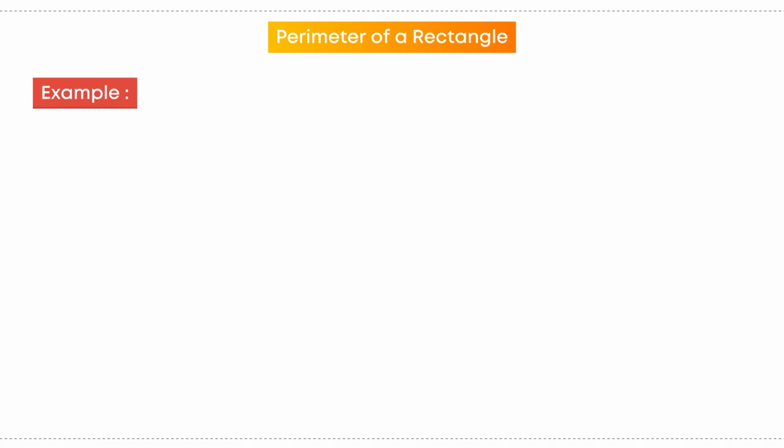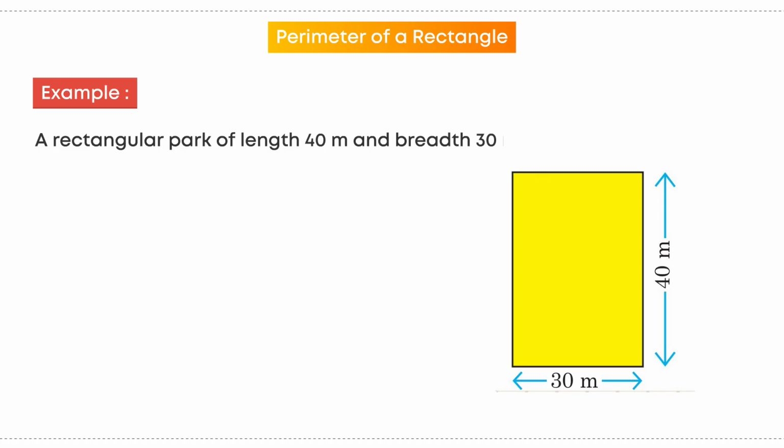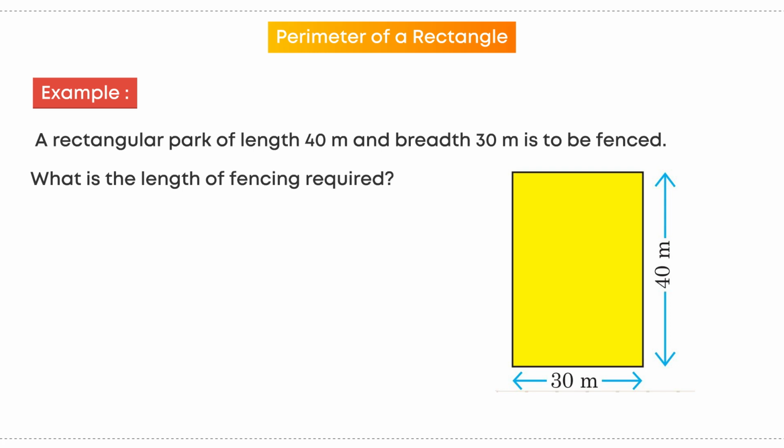Example: a rectangular park of length 40 meters and breadth 30 meters is to be fenced. What is the length of fencing required?